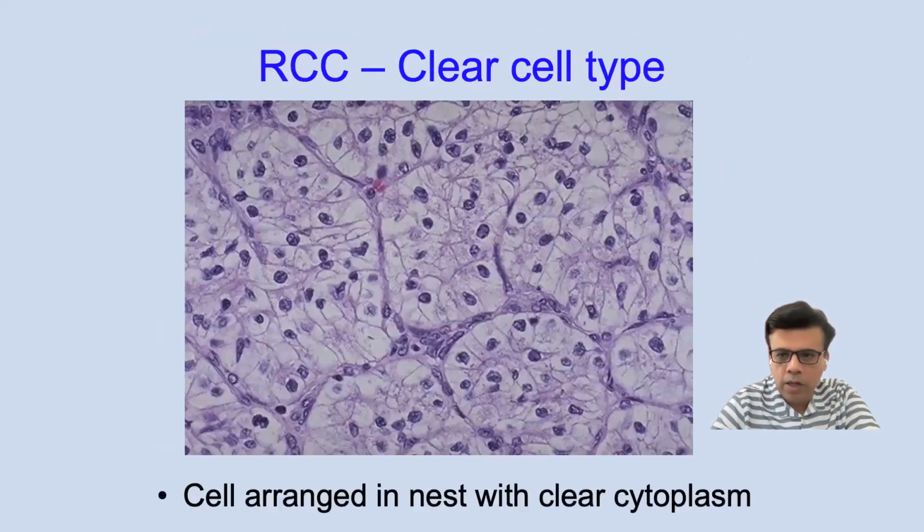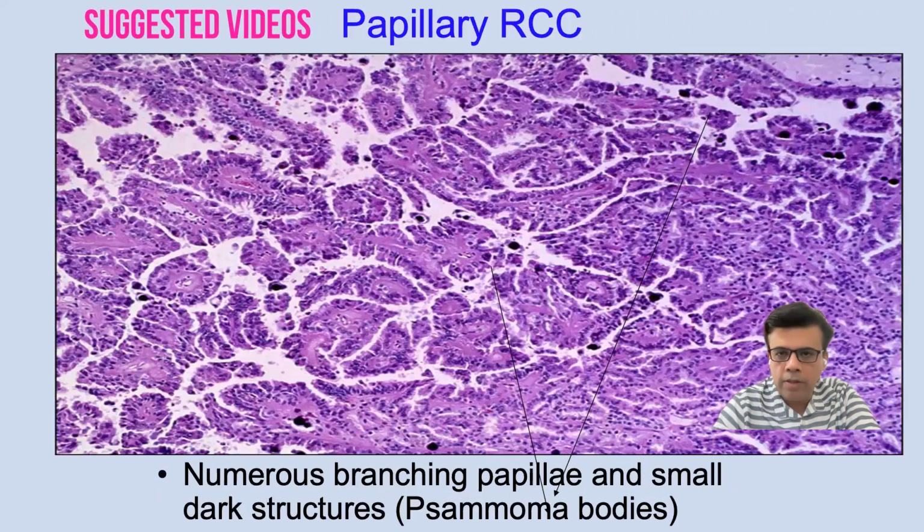And here you can see the clear cell type of RCC, where cells are arranged in nests. Multiple nests are there, separated by thin septae. Cells have abundant clear cytoplasm owing to the abundant glycogen content. And in papillary RCC, you can see multiple papillae with some dark structures, and these dark structures are nothing but dystrophic calcification, psammoma bodies.